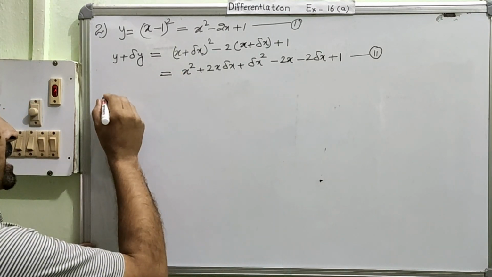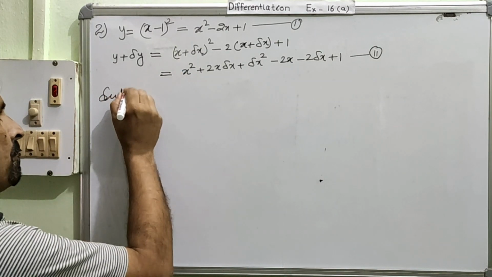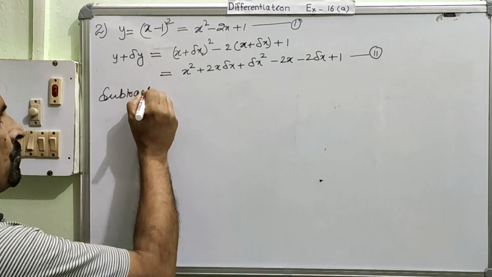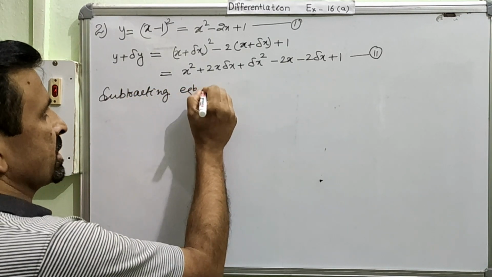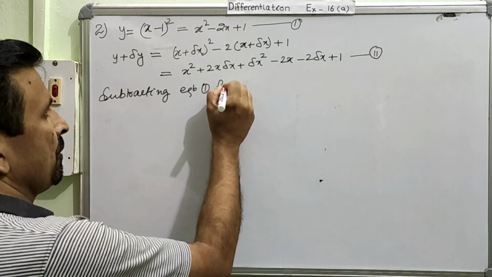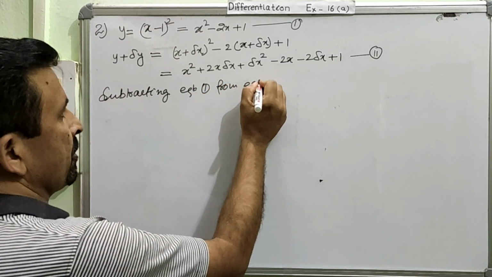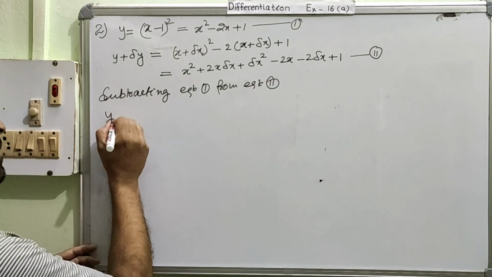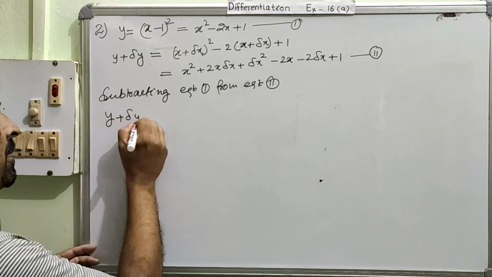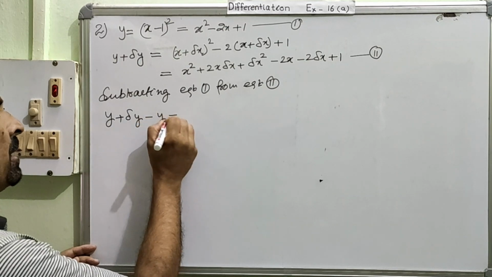Now we are going to subtract equation 1 from equation 2. So what do we get? y plus delta y minus y.